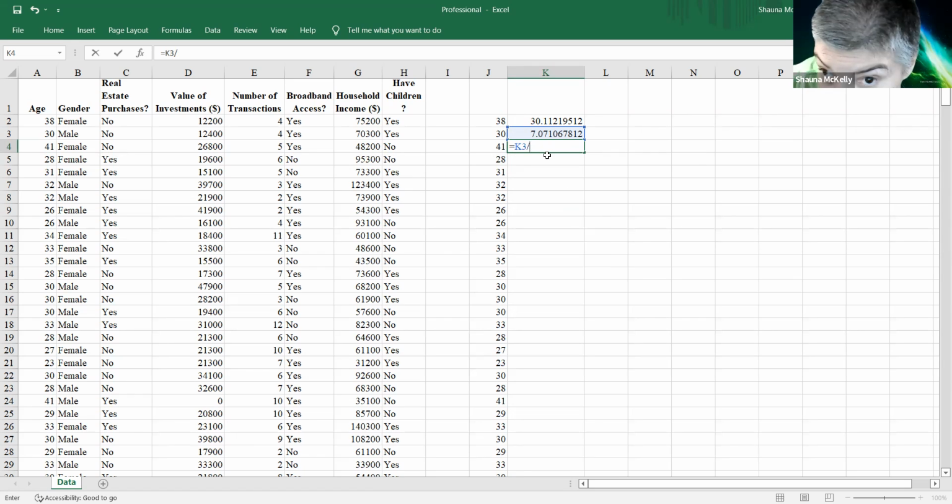I'm not sure if it'll do a standard error directly, probably. I'm going to look up the sample statistics while you're doing the other ones, but 7.07106812 divided by the square root of 411.